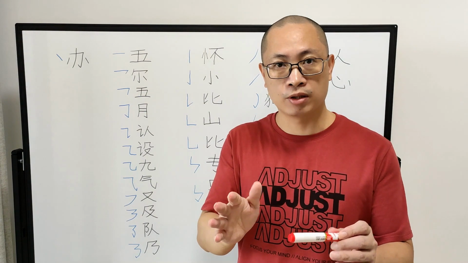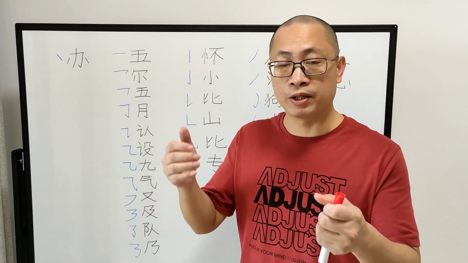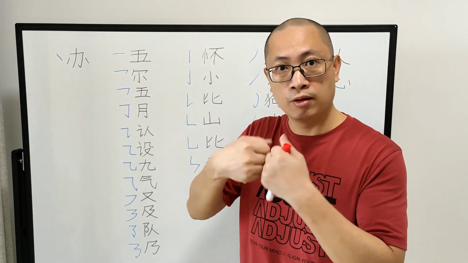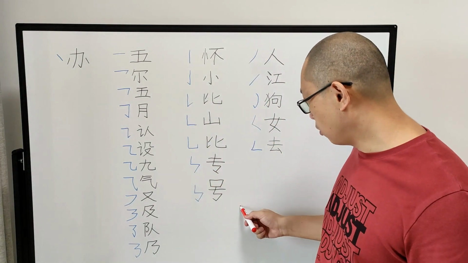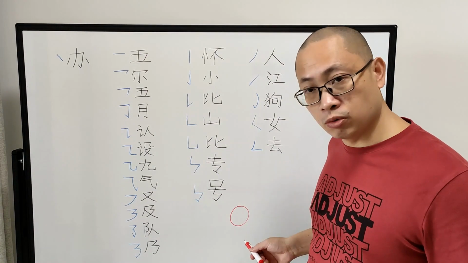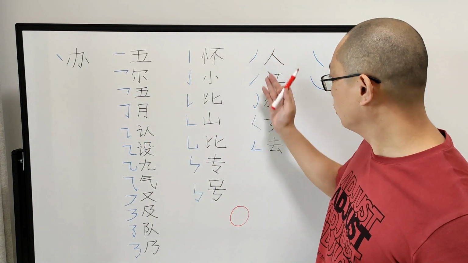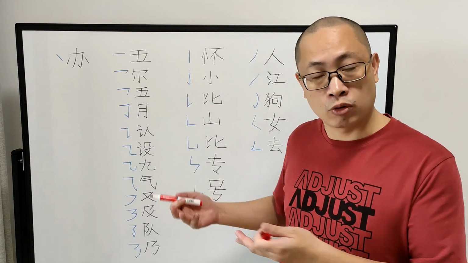Let me tell you like this. Each single letter has a specific pronunciation matched. For example, O. You cannot pronounce Q or A. But Chinese strokes, whatever you like to call them.